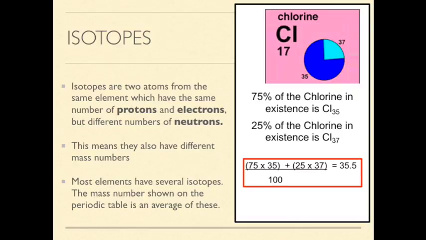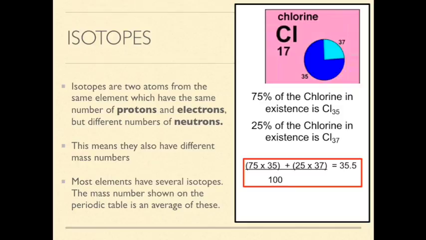So, to get the average that we see on the periodic table, obviously chlorine doesn't have 0.5 of a neutron or 0.5 of a proton, it's an average. So we've done 75 multiplied by 35, because 75% of chlorine in existence is chlorine 35, and then added 25 times 37, because 25% of chlorine in existence is chlorine 37.